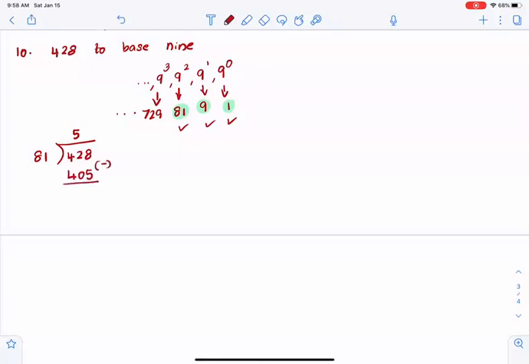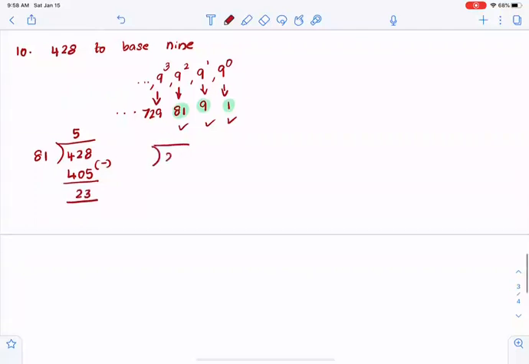Subtract, 428 minus 405 is 23. So the next step, I take the remainder, 9 times 2, 18, subtract, I get 5.